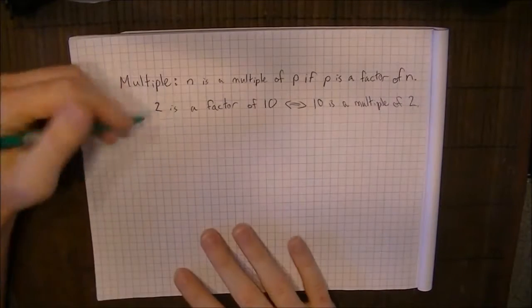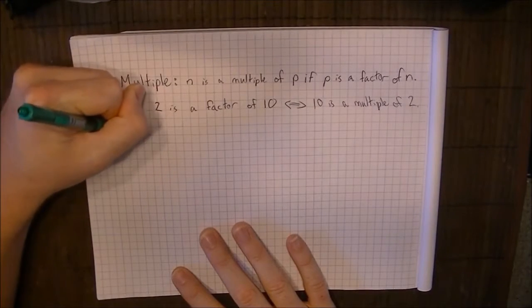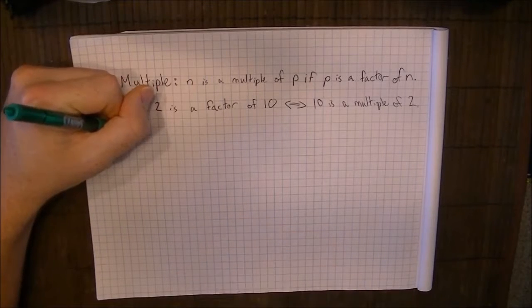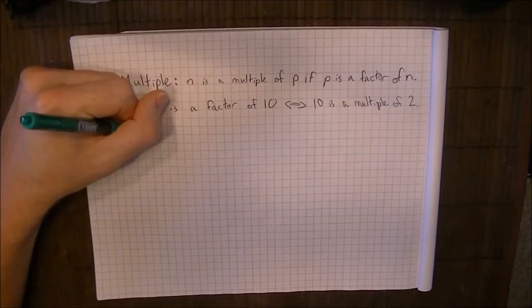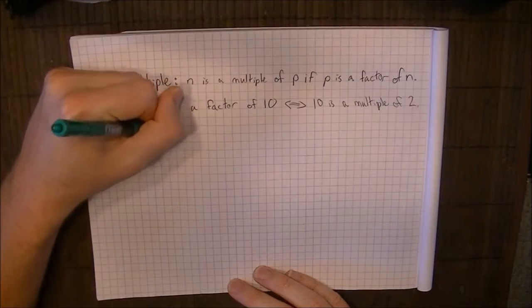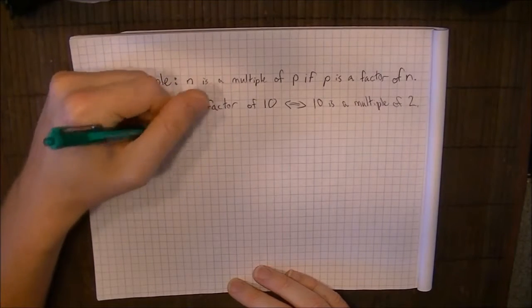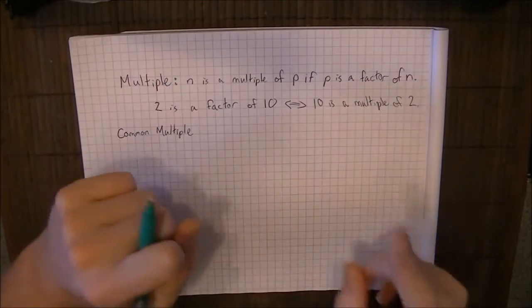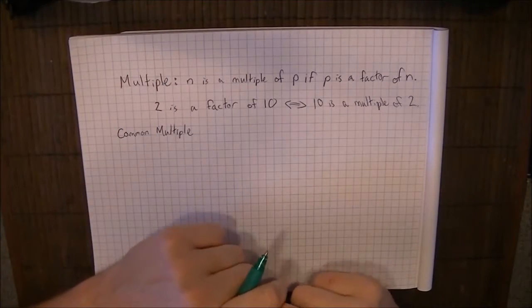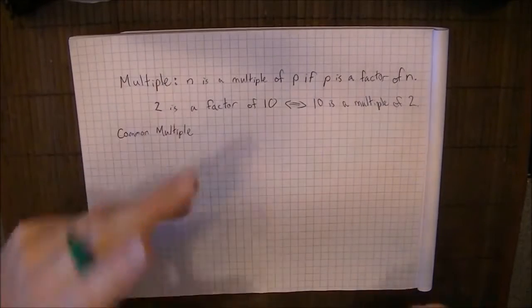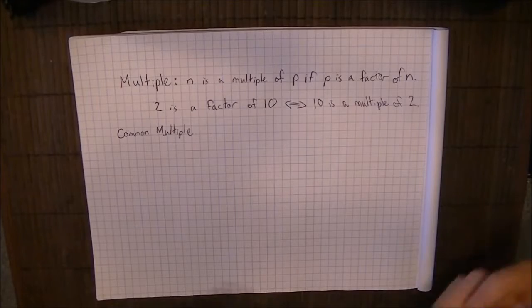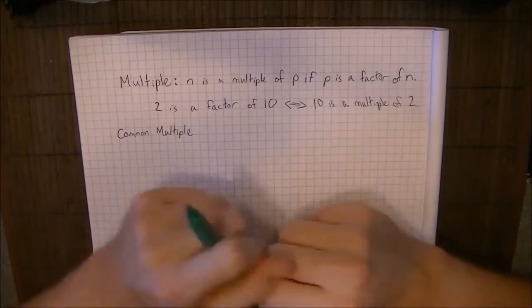Okay, so in order to talk about common multiples, we need to have two numbers. They would share this multiple in common.